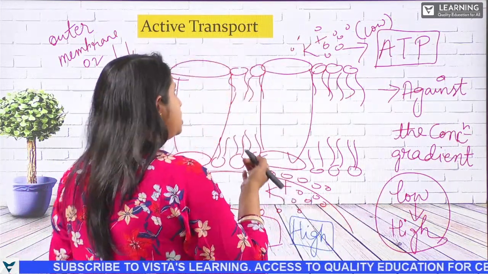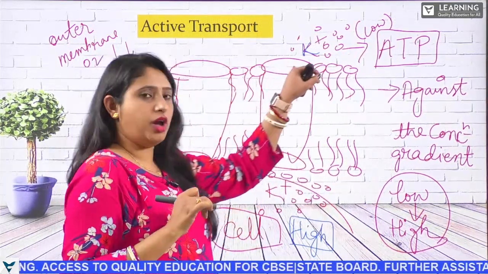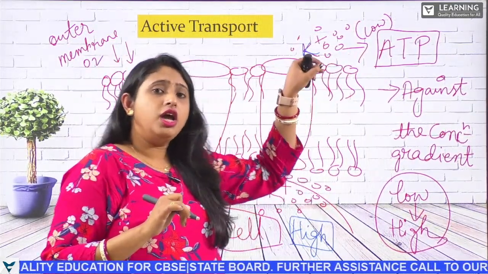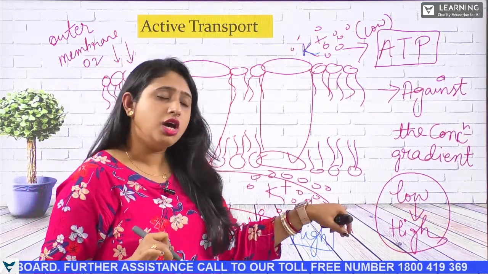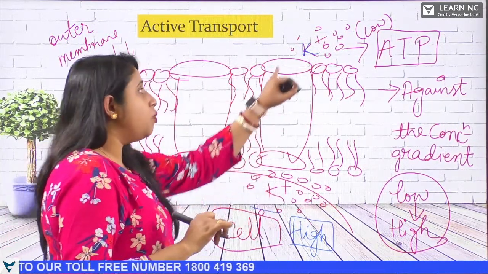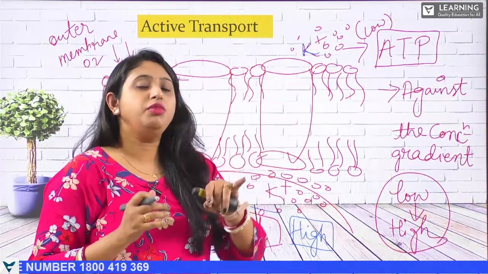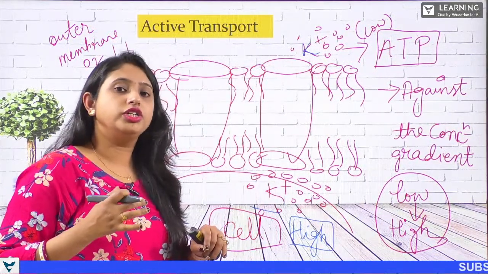So see here, the potassium ion doesn't want to go inside the cell, because there are already so many potassium ions, right? So it doesn't want to go, but it can be taken up without its wish, against the concentration gradient.